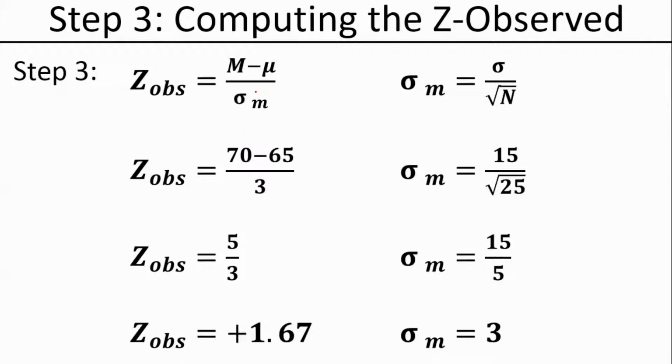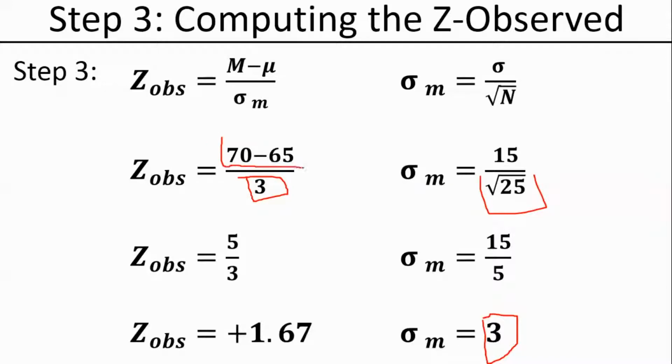And so we have to first compute our standard error. And remember, sample size really impacts our standard error. As our sample size gets larger, our standard error is going to get smaller because we're going to expect less variability around our distribution of sample means. Now, if you look over here, all we do is we put the standard error down here.